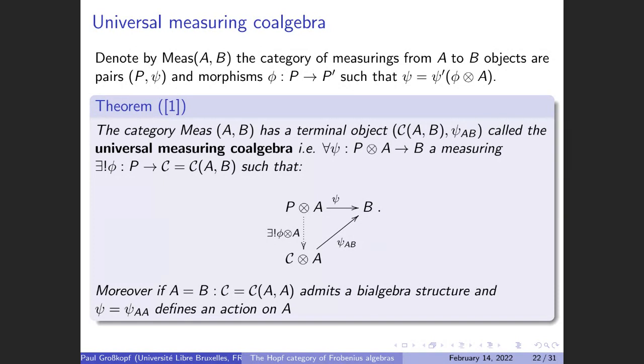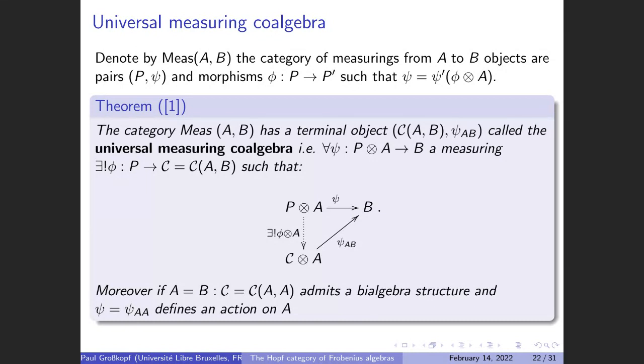Specifically, if I look at A and B to be the same, then the conditions imposed here are equivalent to saying that I have a universal action. So if A and B are the same, I can speak about a universal acting coalgebra.